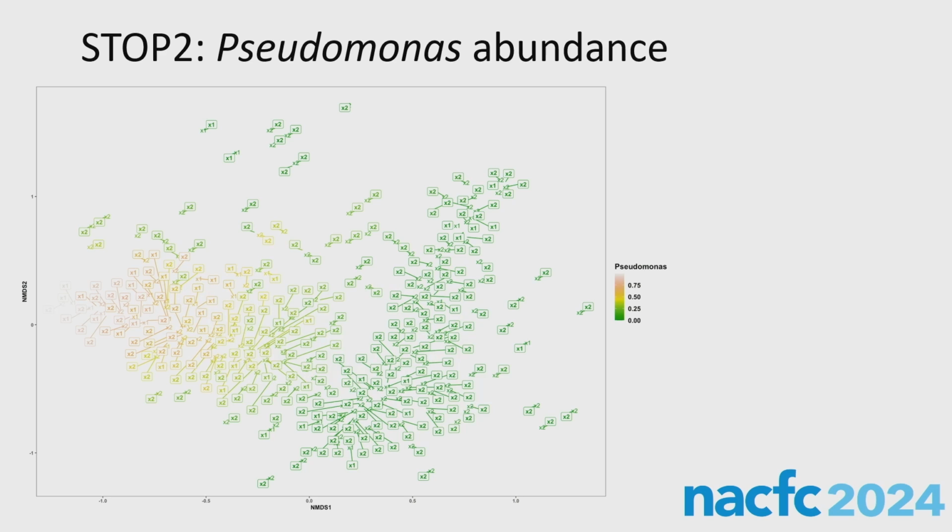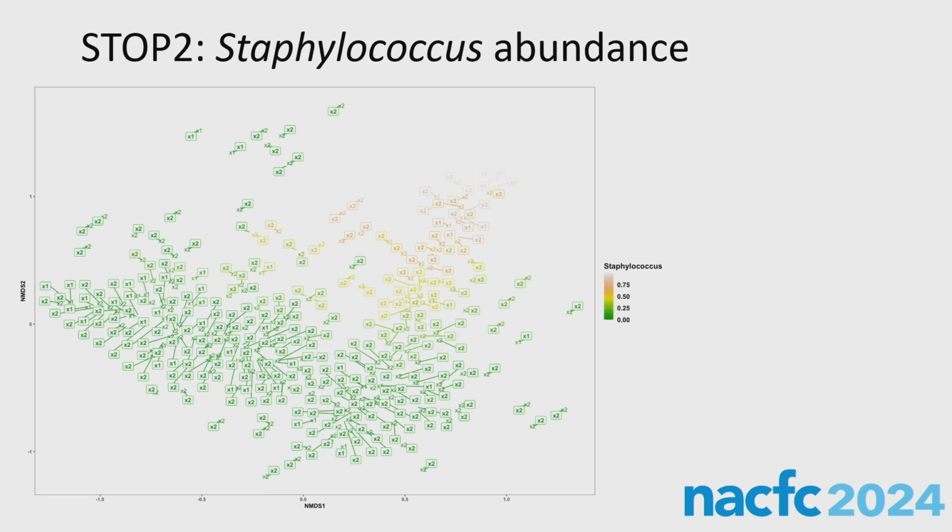Now I have another set of ordinations to give you a sense of how the different microbial abundances look. This is an unsupervised, non-clustered view of the composition, just looking at the samples. You can see that the samples dominated by Pseudomonas are really sticking to one side of the plot. And with Staphylococcus, you see that they are often different from the samples dominated by Pseudomonas.